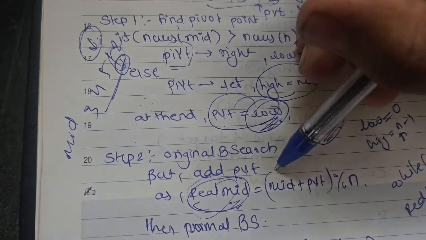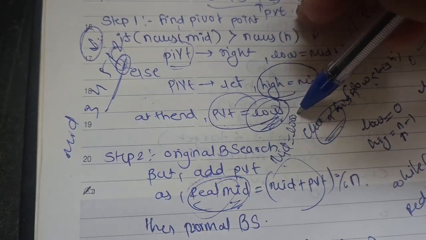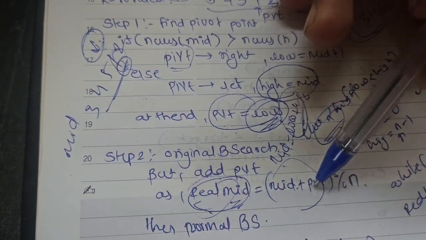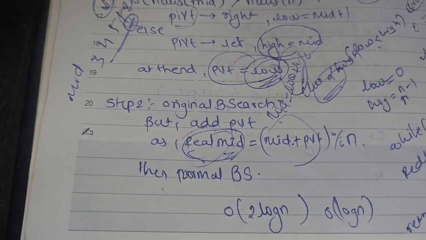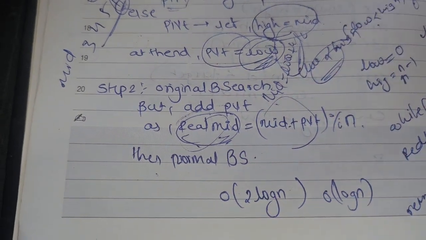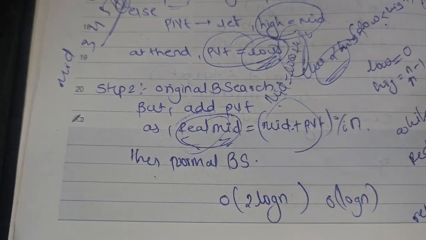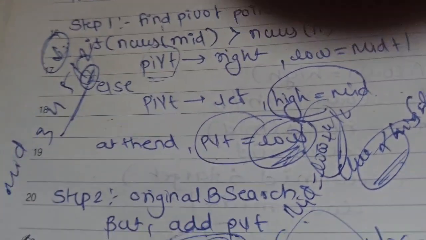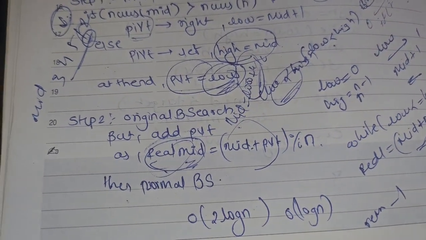So first we find a mid which is equal to low plus high divided by 2, originally you know that, and the real mid will be (mid plus pivot point) modulo n, because if it's greater, we have to lower it down, because otherwise we will get a runtime error.